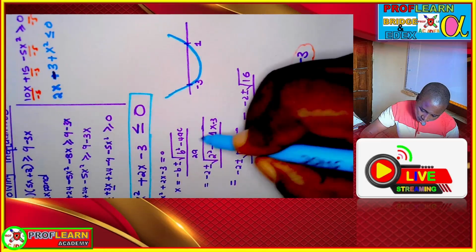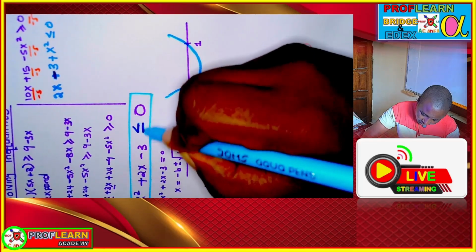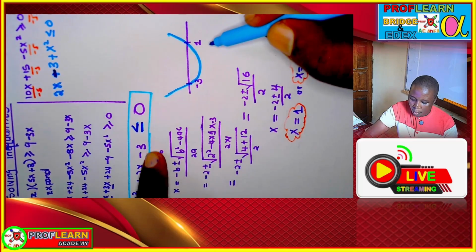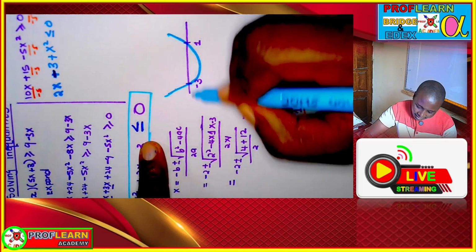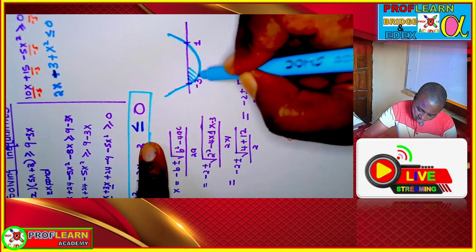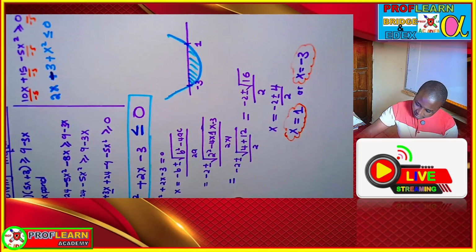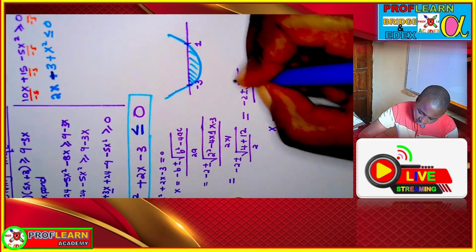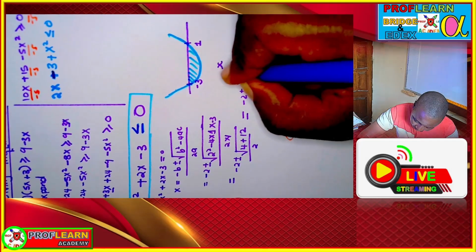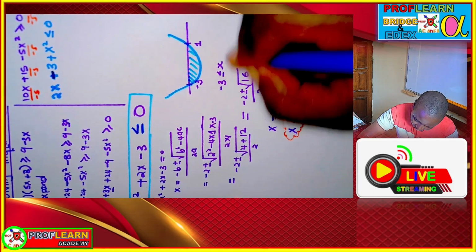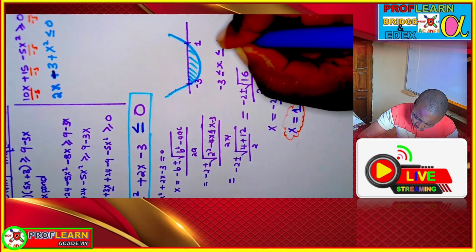So we want less than 0. Less than 0 means below the line. So the solution we want is just below here. Now, how can we write the solution in this case? We are going to say x is greater than or equals to minus 3, less than or equals to 1.